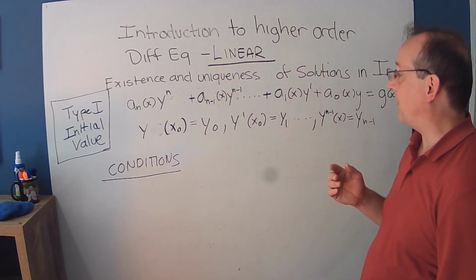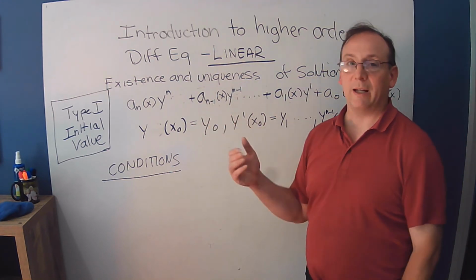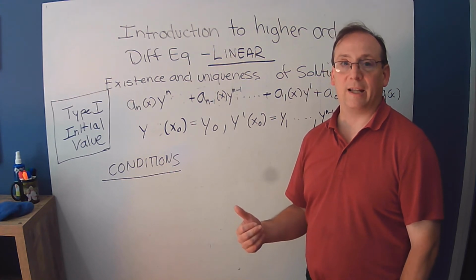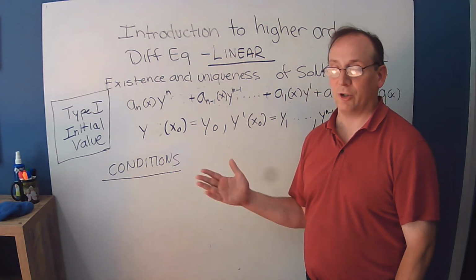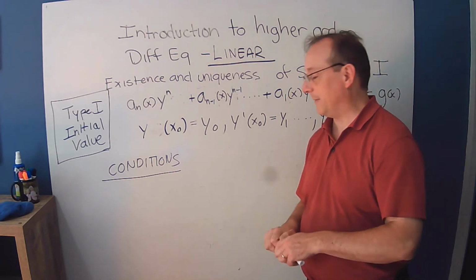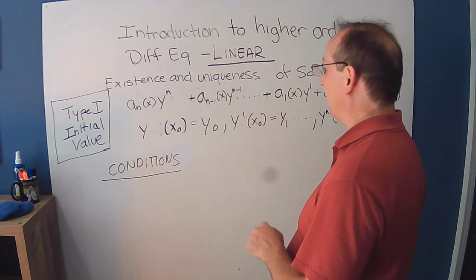First of all, let me present what we mean by a linear higher order differential equation. This will be very similar to what we did with first order in the previous chapter, chapter 2.